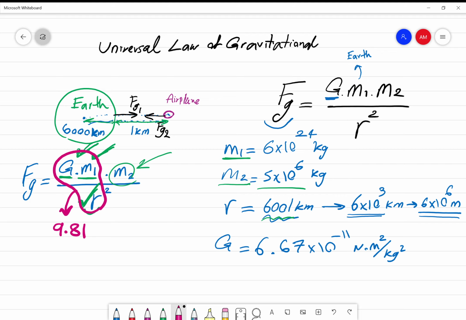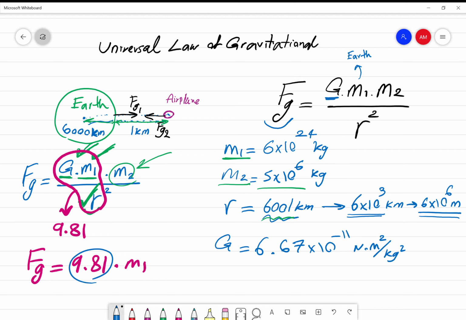Remember, this is only if Earth is one of the objects. Suddenly our equation could become shorter. Fg equal to 9.81 times the mass, which is our famous mg. So this is where F equal to mg came from. Its original equation is the universal law of gravity.